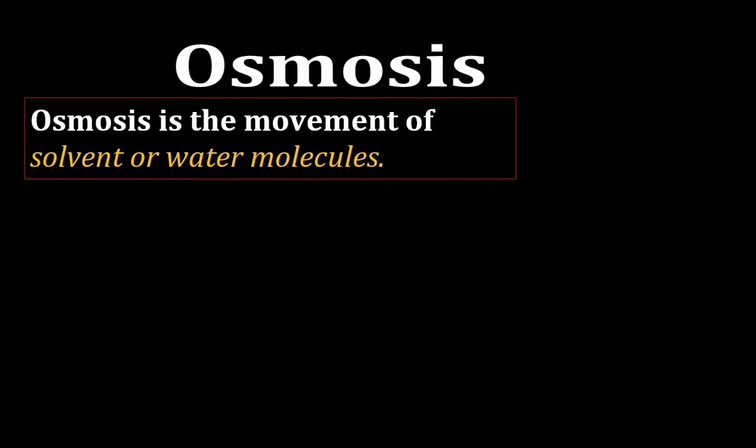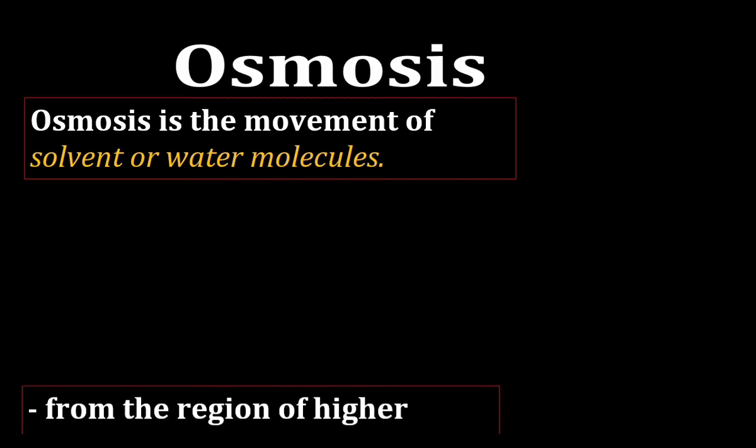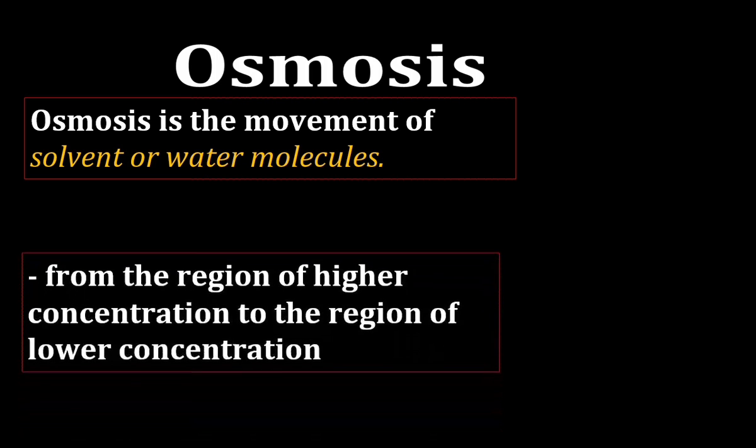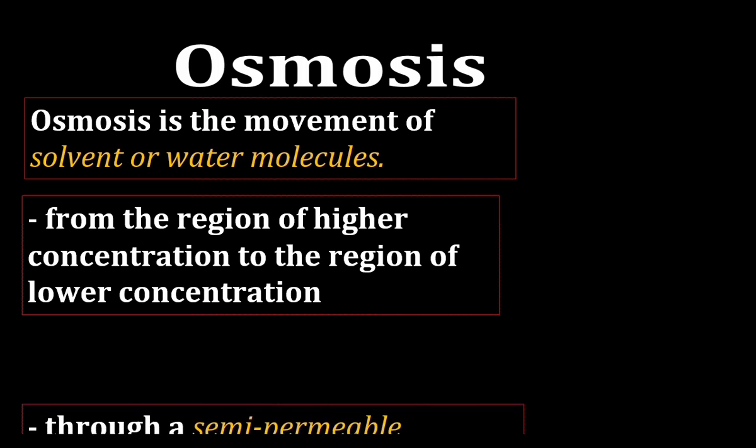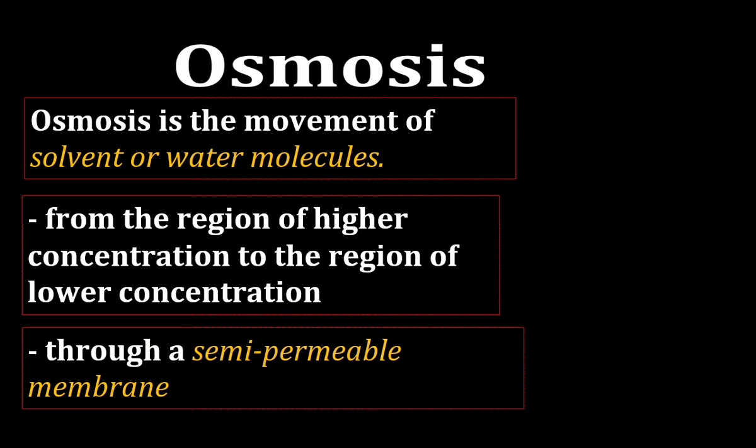In osmosis, the molecules move from the region of higher concentration to the region of lower concentration. In osmosis, movement of solvent takes place through a semi-permeable membrane. Around the cell, there is a plasma membrane.